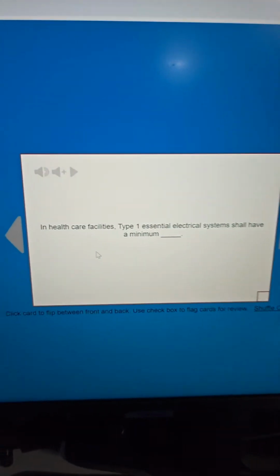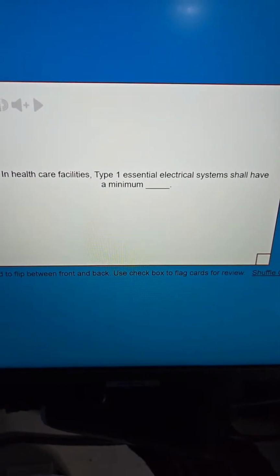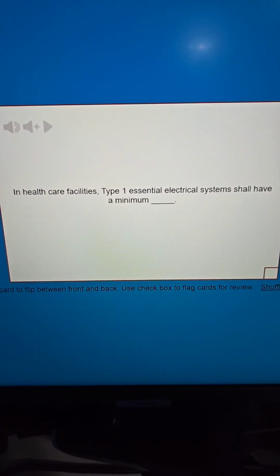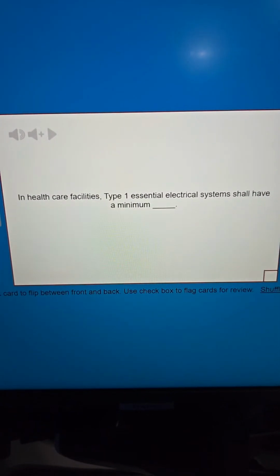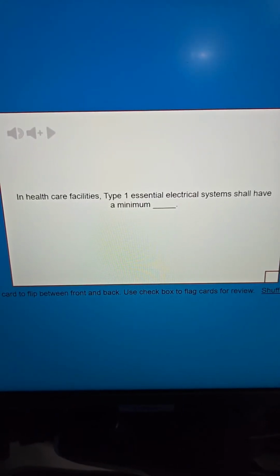Next. Healthcare facilities, type 1 essential electrical systems shall have a minimum. That's very vague again. Healthcare facilities, type 1 essential electrical systems shall have a minimum of... I don't even know. 90-minute battery backup. 2 paths to ground.